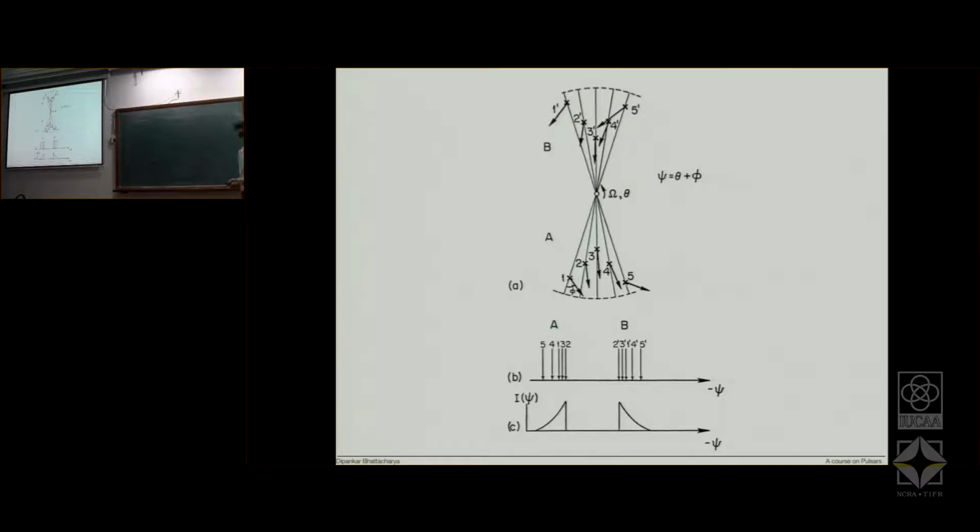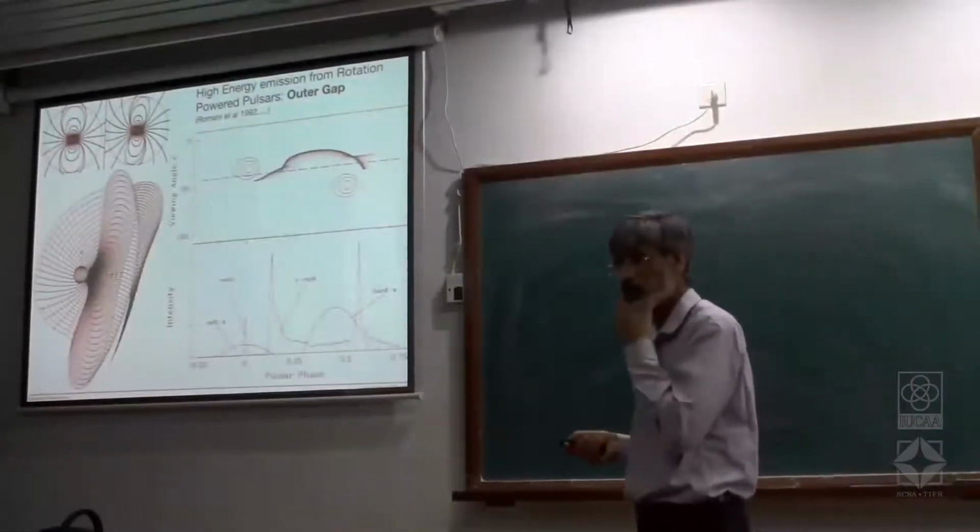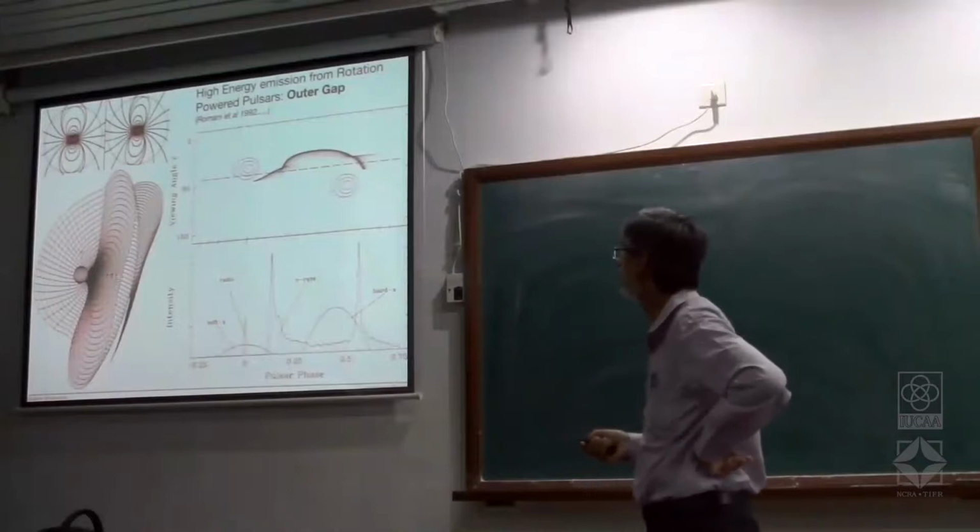But this has been done later with more detail, accounting for different emission regions along the fields and along the outer gap. This is a paper by Romani and Yadigaroglu, starting with that, and then other people have done it later.